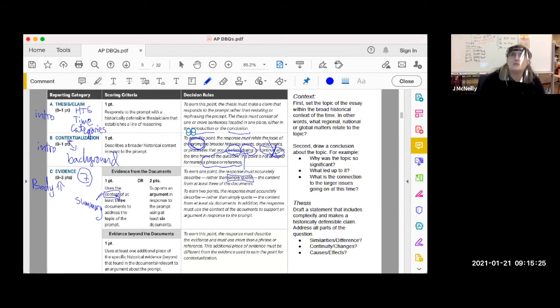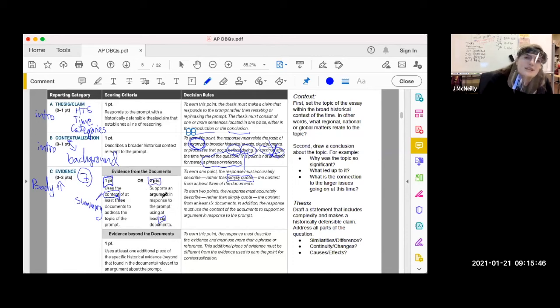It's simply a description of what the document is. Okay, if you do that for 3 out of the 7 documents, you get 1 point. If you do that for 6 of the documents and you use those documents to back up your thesis, then you can get 2 points.